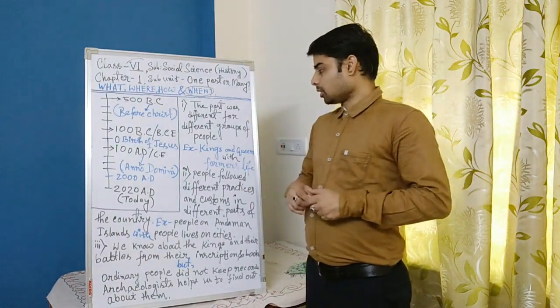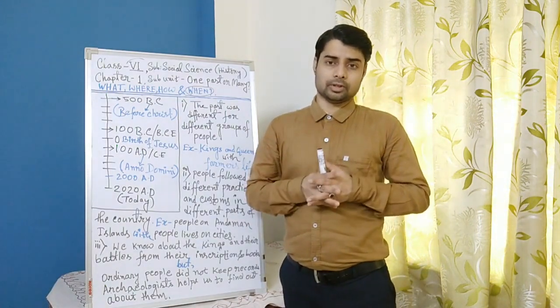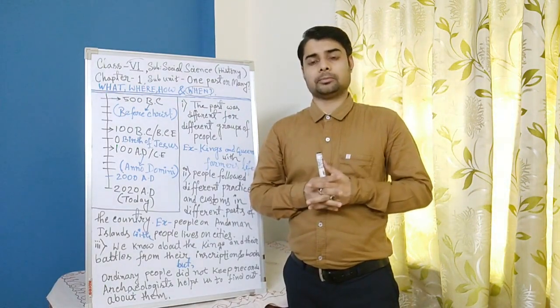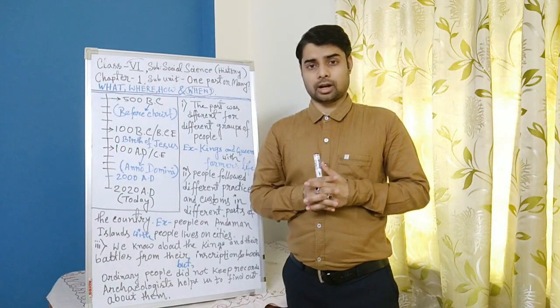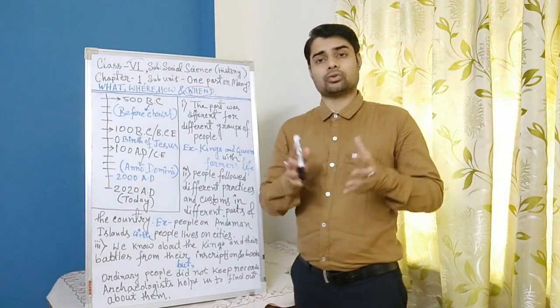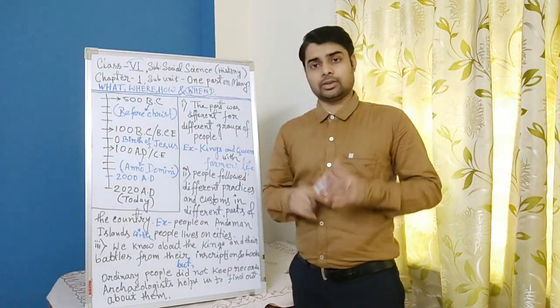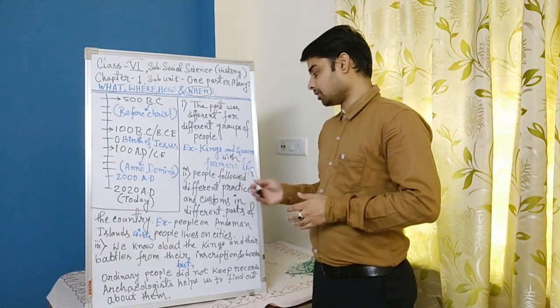In this case, you have to understand how the life of different people in different parts of a country, depending on their social status, is different. Suppose the life of kings and queens is totally different from the life of farmers.